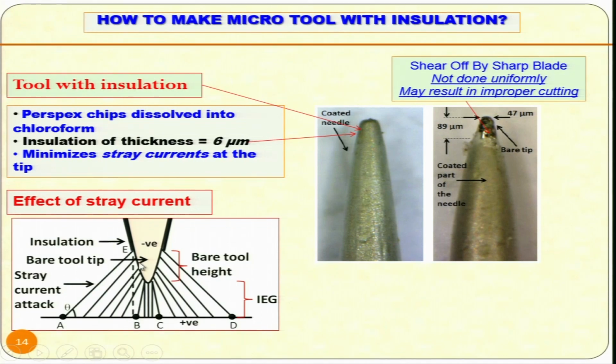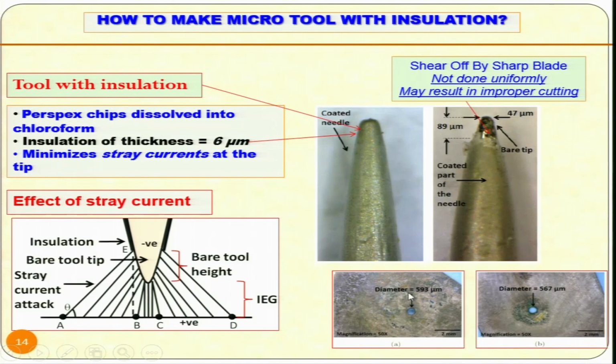Because of this you will get dimensions which you do not want. You wanted this much hole diameter, but you are getting this much diameter of the drilled hole, and this is the inter-electrode gap in this particular case.